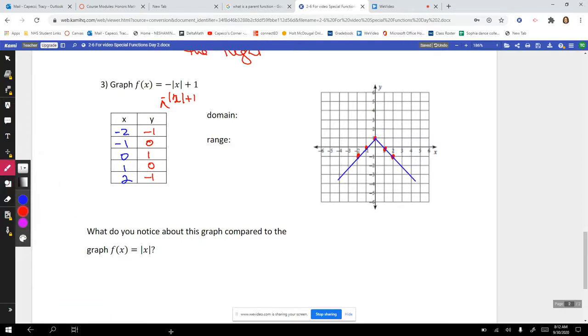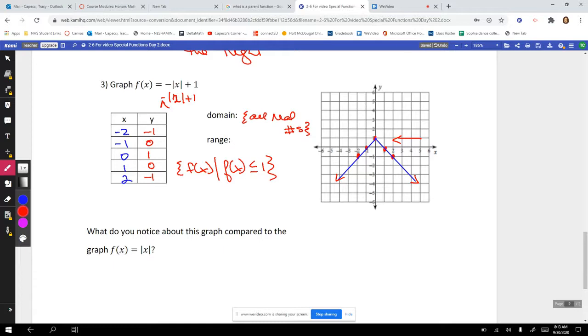I'll do arrows on the end. Okay, our domain again, that's going to be all real numbers. Because I can go left to right, no problem. My range, the highest value here, because this one's opening down, which we'll talk about, is 1. So the highest value I can have here for y is 1, or f of x. So I have f of x such that f of x is less than or equal to 1.